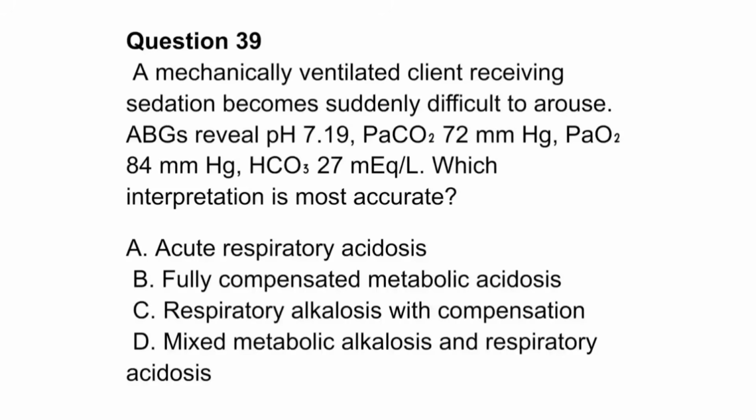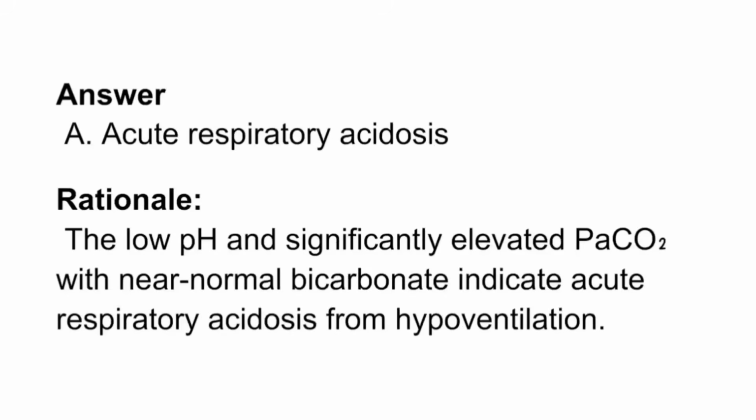B. Fully compensated metabolic acidosis. C. Respiratory alkalosis with compensation. D. Mixed metabolic alkalosis and respiratory acidosis. Answer. A. Acute respiratory acidosis. Rationale. The low pH and significantly elevated PaCO2 with near normal bicarbonate indicate acute respiratory acidosis from hypoventilation.